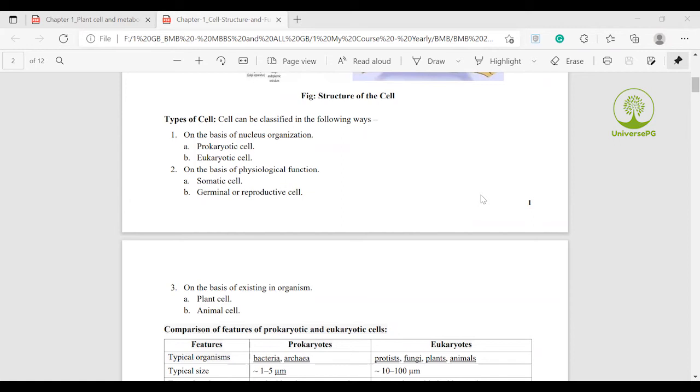So in this point, cell can be classified into two types, prokaryotic cell and eukaryotic cell. Prokaryotic cell does not have a well organized nucleus. In the prokaryotic cell, we find only a single nuclear material, DNA.